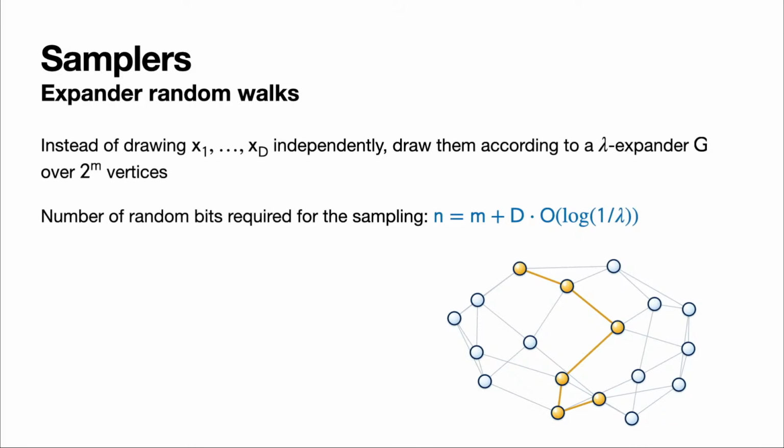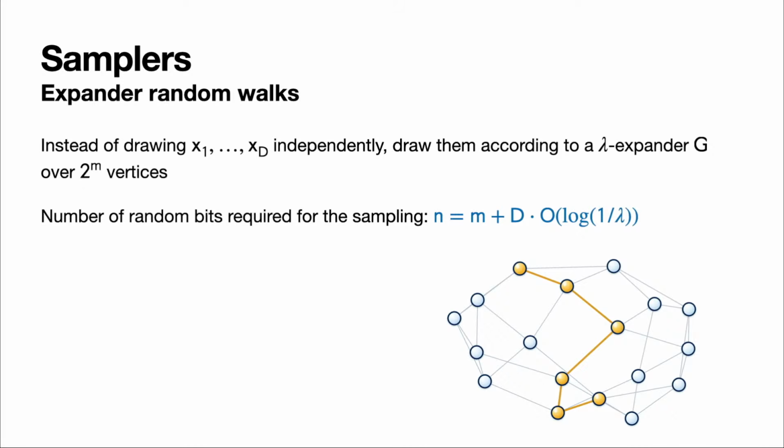So the number of bits I need to choose my next neighbor is log 1 over lambda. So this is the cost of sampling with expander random walks.